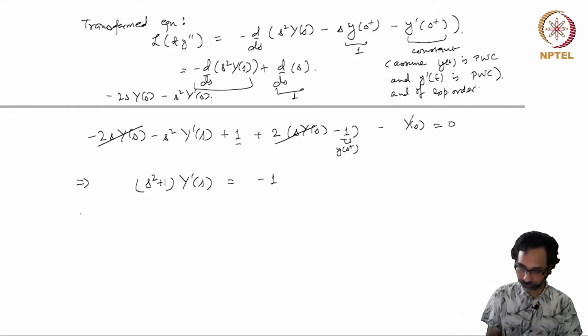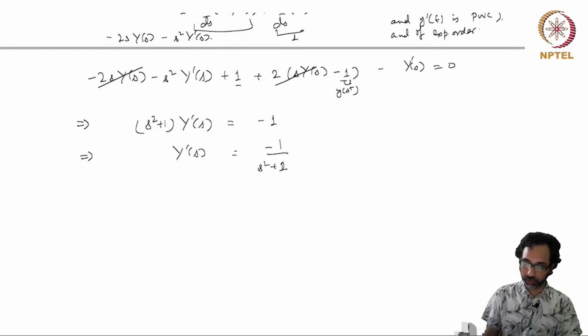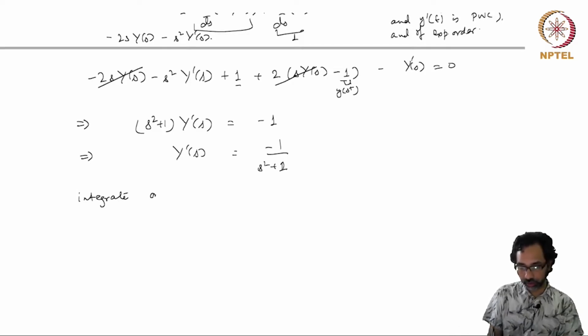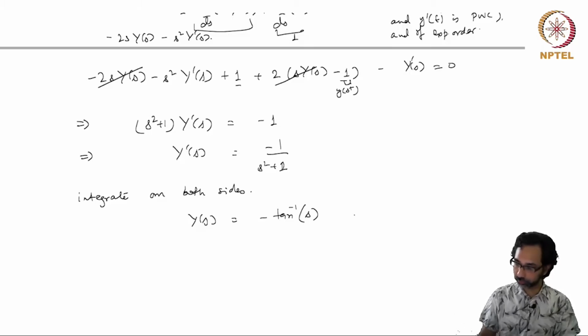Therefore, Y prime(s) is minus 1 over s square plus 1. This is again a differential equation, and you can integrate on both sides to get Y(s) as minus tan inverse s plus the constant of integration C.